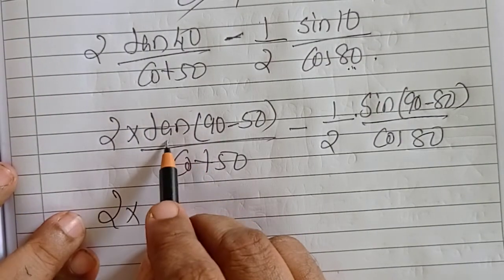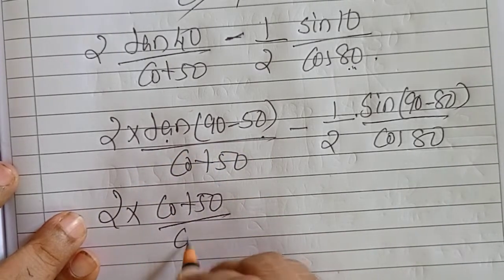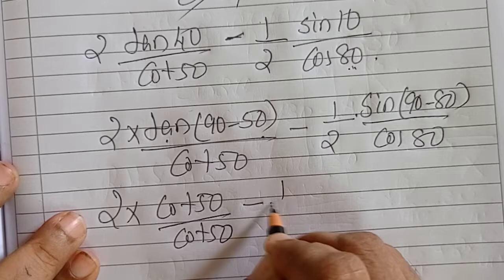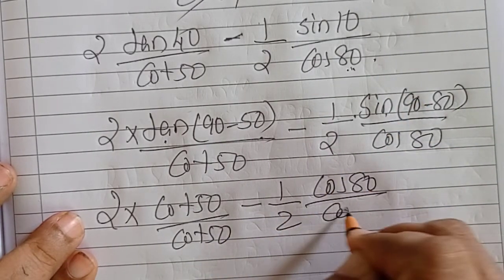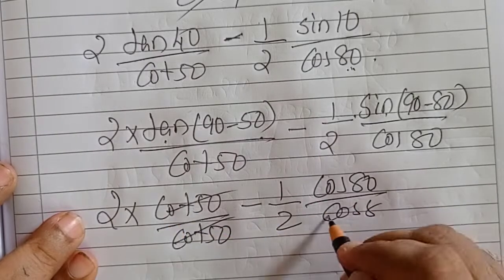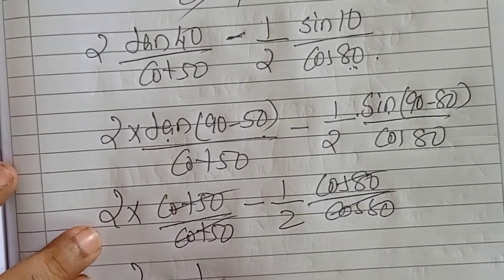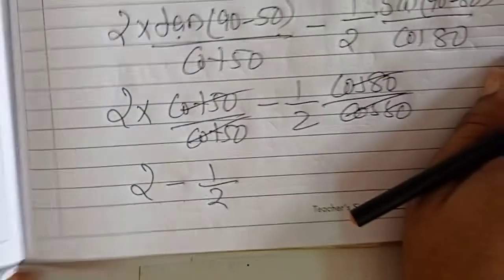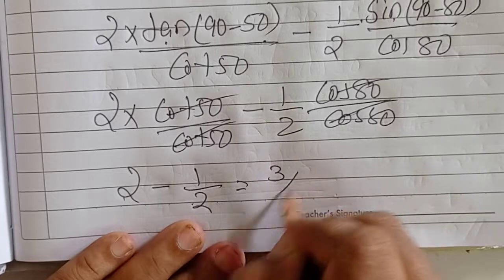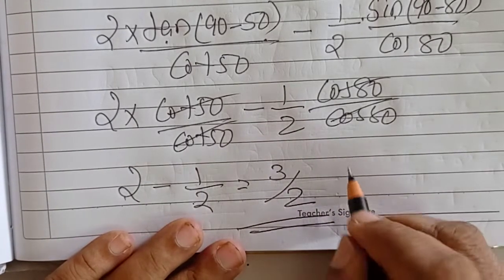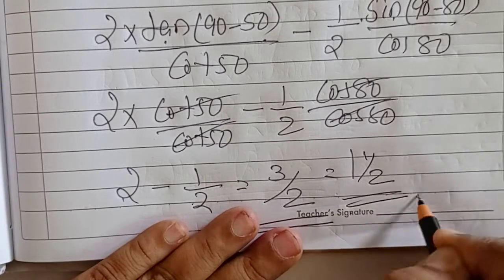Tan changes to cot, therefore cot 50 by cot 50 minus half into cos 80 by cos 80. Cot cancels, cos cancels. 2 minus 1 by 2, can you say what it is? 2 into 2 is 4, 4 minus 1 is 3 by 2, or 1.5, or 1 and 1 by 2. Okay.